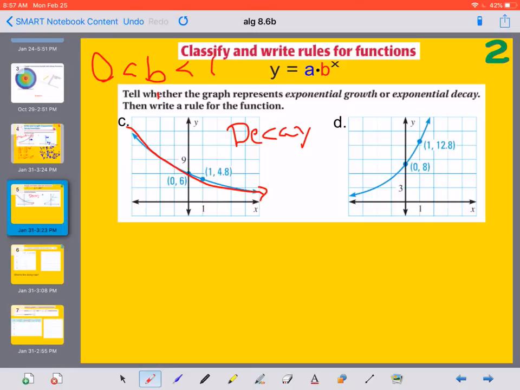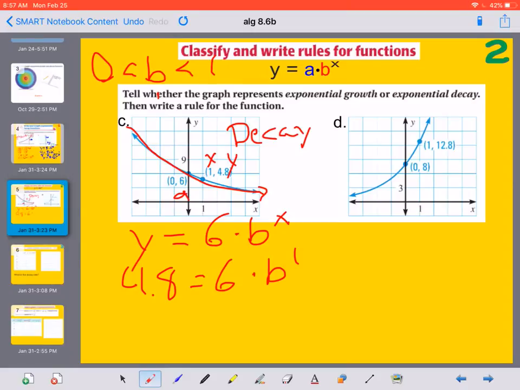So we see that we have a 0 here at 0, 6. That means a is our 6. So we have y equals 6 times b to the power x. If I go to 1, my 1 is x, my y is 4.8. So I'd have 4.8 equals 6 times b to the power 1.